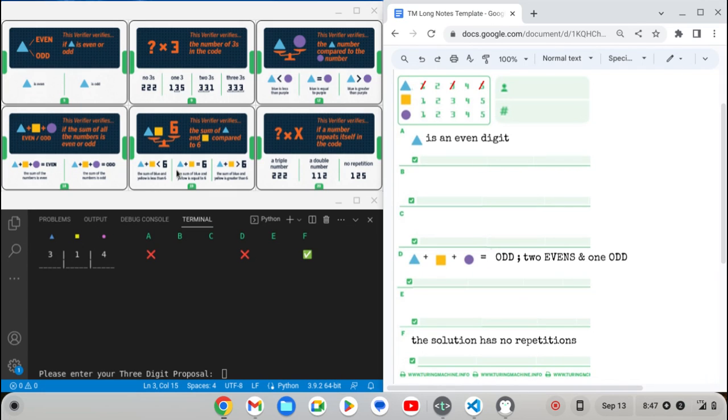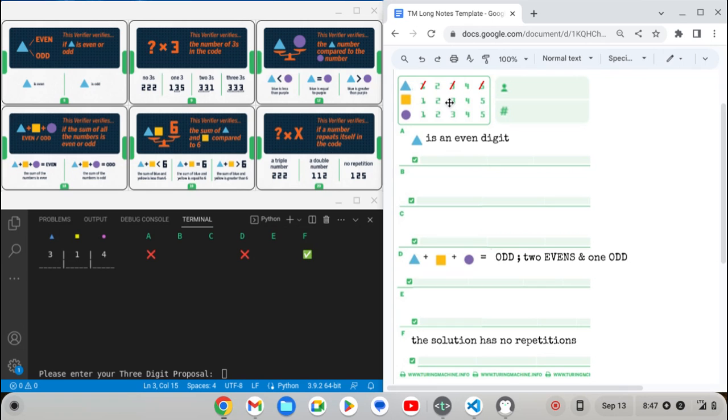So either there's a 3 and it's bigger than triangle, meaning it's going to be a 2, or you do have a 3, but circle is smaller than triangle, meaning that triangle is a 4. So that's a possibility. And that's kind of how I see it. Again, it could be that square is odd.